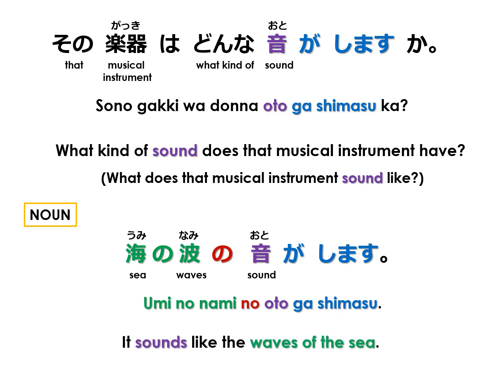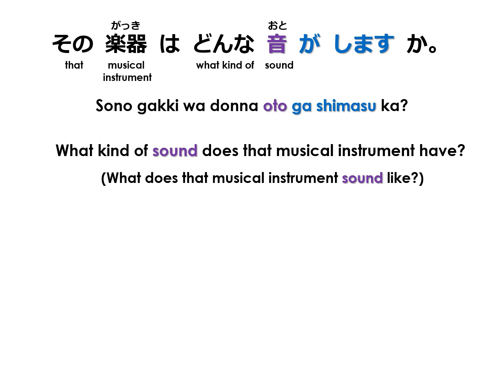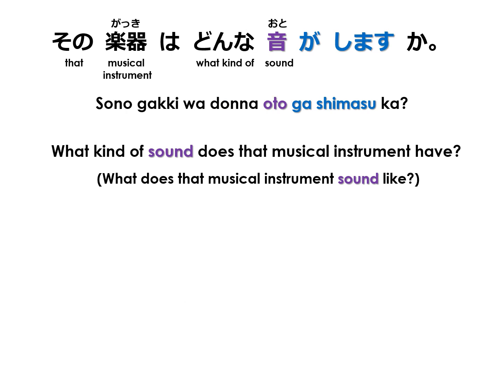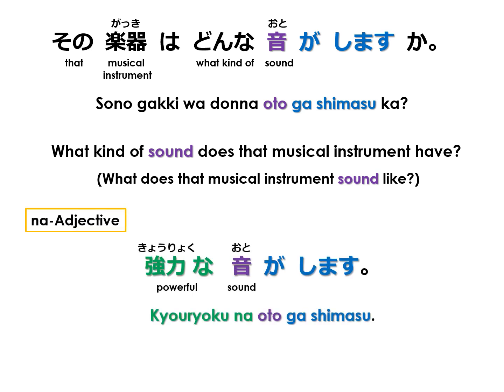Using an E adjective, we can say something like 懐かしい音がします. It has a nostalgic sound. Using a na adjective, we can say 強力な音がします. It has a powerful sound.